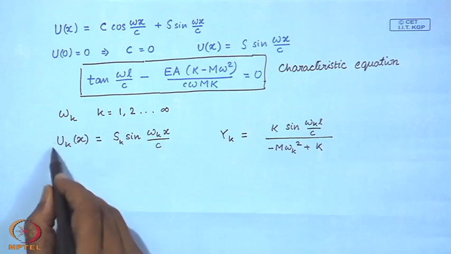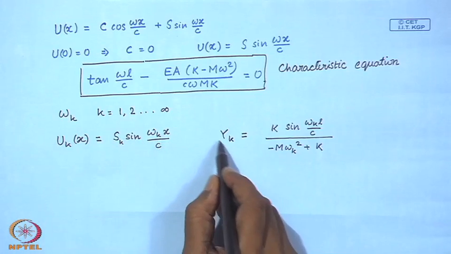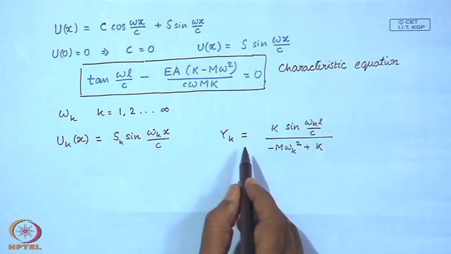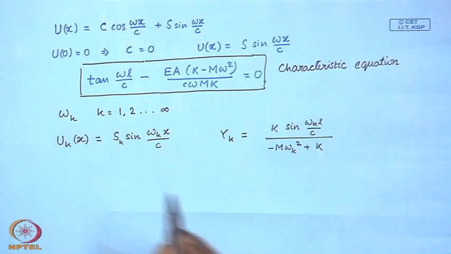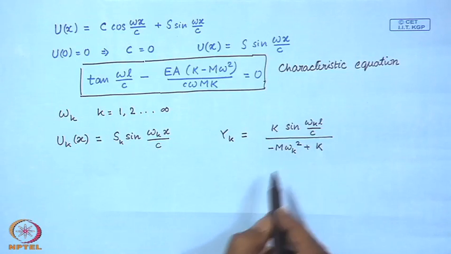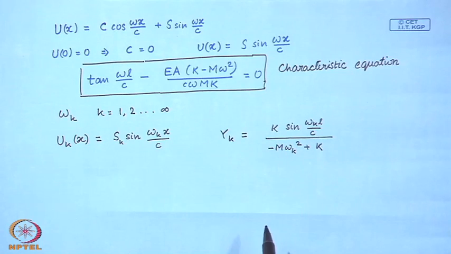So, this is the amplitude function for the bar, and this is the corresponding amplitude at the kth mode for the discrete mass.